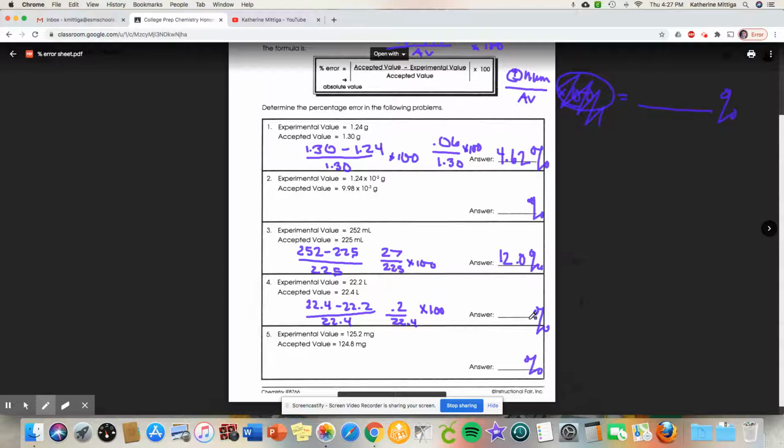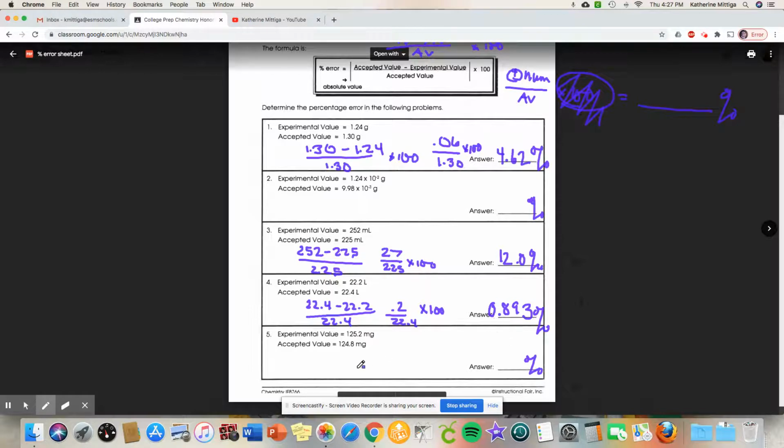You want an answer between 0 and 100. Let's look for sig figs: 3 sig figs here, 3 sig figs here, so let's have 3 sig figs here. Should I put the 0 in front of the decimal place? It's a good habit to get into because otherwise I might not see that decimal place there, and maybe I think it's a mistake or something.